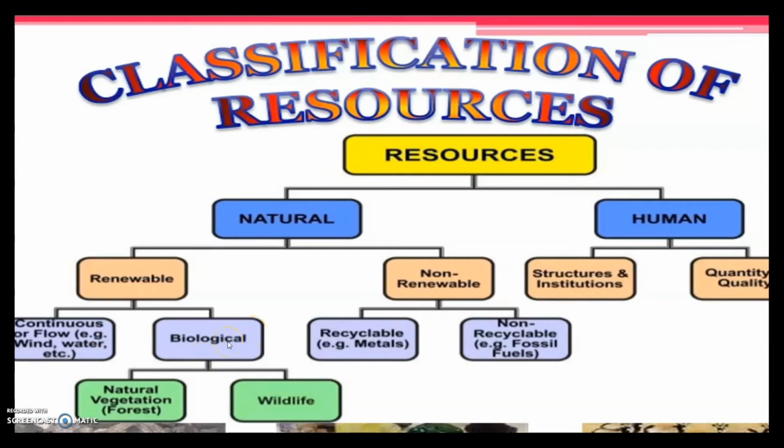Biological resources can be classified into natural vegetation or forest, and wildlife. Non-renewable resources can be further classified into recyclable and non-recyclable resources. Human resources can be classified into structures and institutions, then quantity and quality. Let us study all these topics in detail.